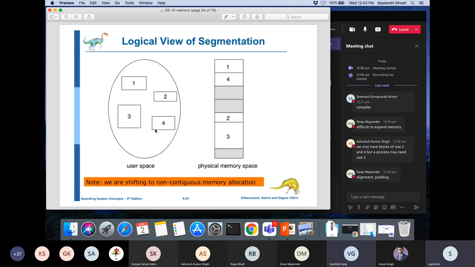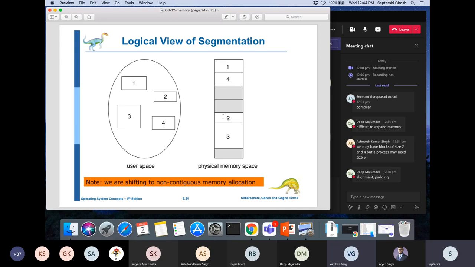Looks something like this. So suppose the user program has 4 segments. Often the compiler creates these segments, like we have discussed some abstraction of it, like say the code segment, the heap, then the stack, right? So these segments get mapped to the physical memory, but non-contiguously. So here segment 1 is mapped here.